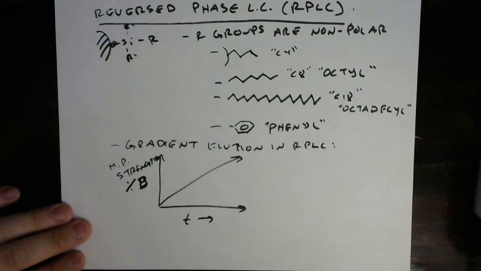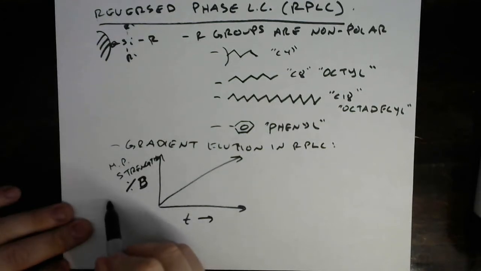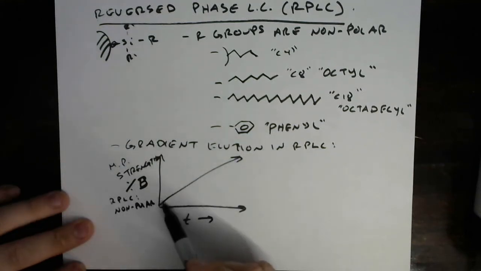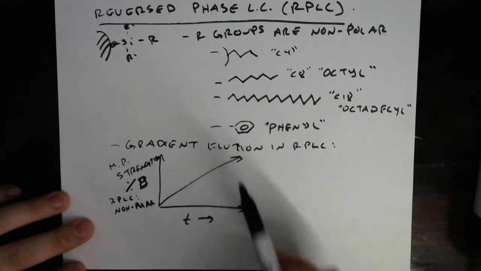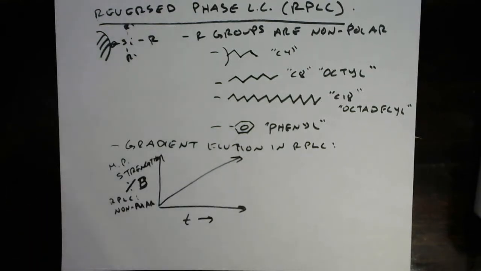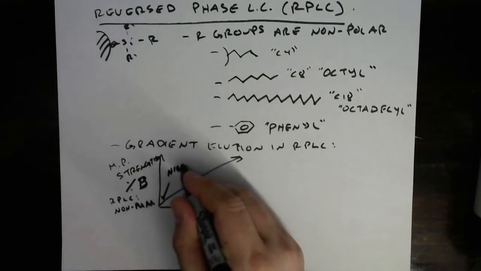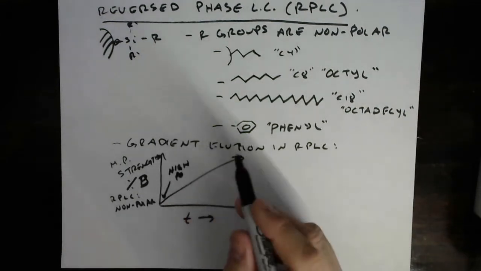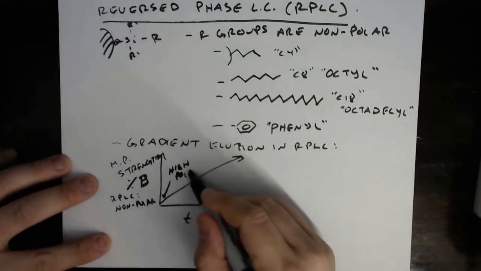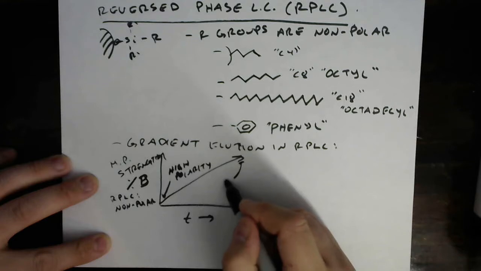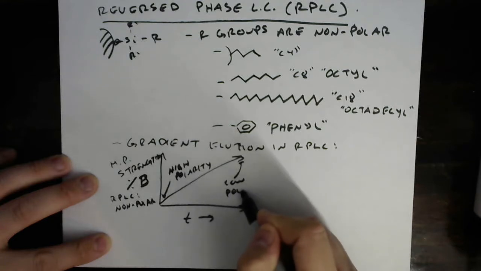And a little bit harder to put a term on this, but for reverse phase liquid chromatography, what we're really talking about is non-polarity. Right? So as time goes on, this thing gets stronger by becoming less polar, becoming more non-polar. In other words, that is high polarity and that is low polarity.